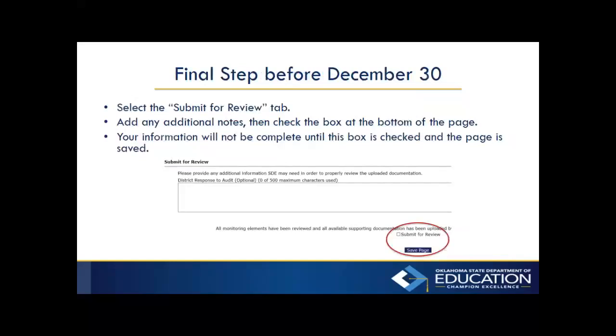This will automatically send it to us so that we will have an opportunity to review it. We also have a box there, so if you need to add any additional information that you want to submit to us or make sure we're aware of, you can certainly add other comments or other information at that time.